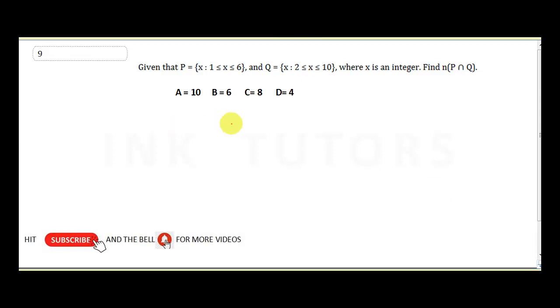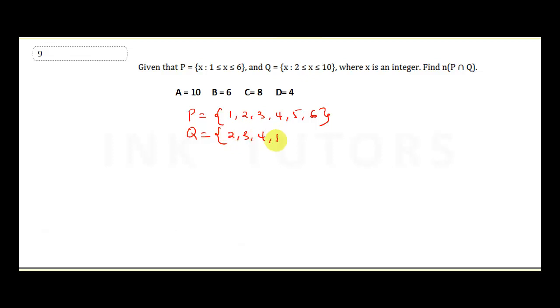So now, given that P is equal to 1, 2, 3, 4, 5, and 6, because he used the sign less than or equal to, then Q is going to be 2, 3, 4, 5, 6, 7, 8, 9, and 10.